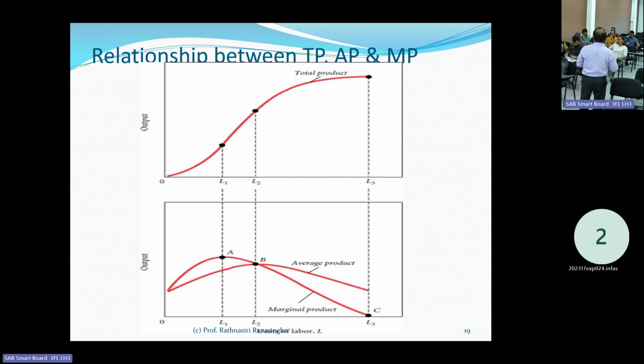At that point, initially the average productivity comes to the maximum level, then the average productivity also decreases, and the marginal productivity continuously decreases, but it is positive. So in that area, the producer decides to produce.